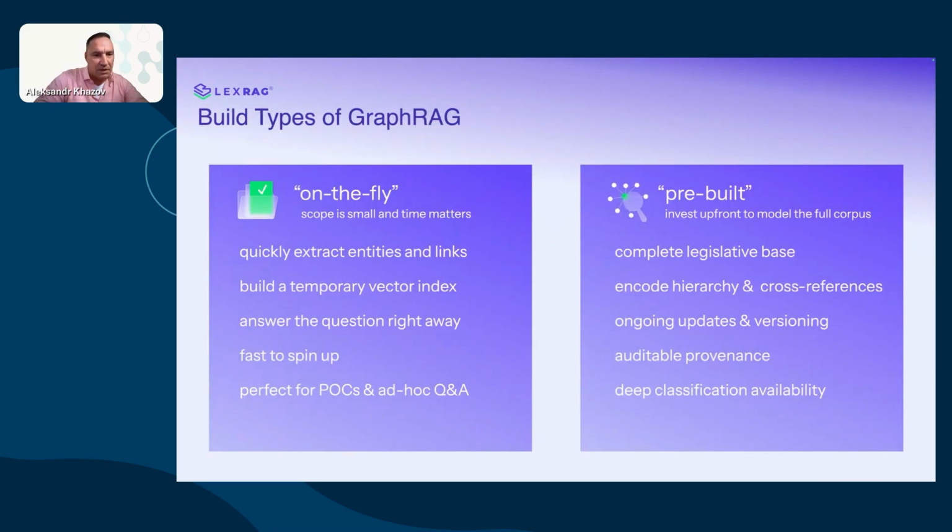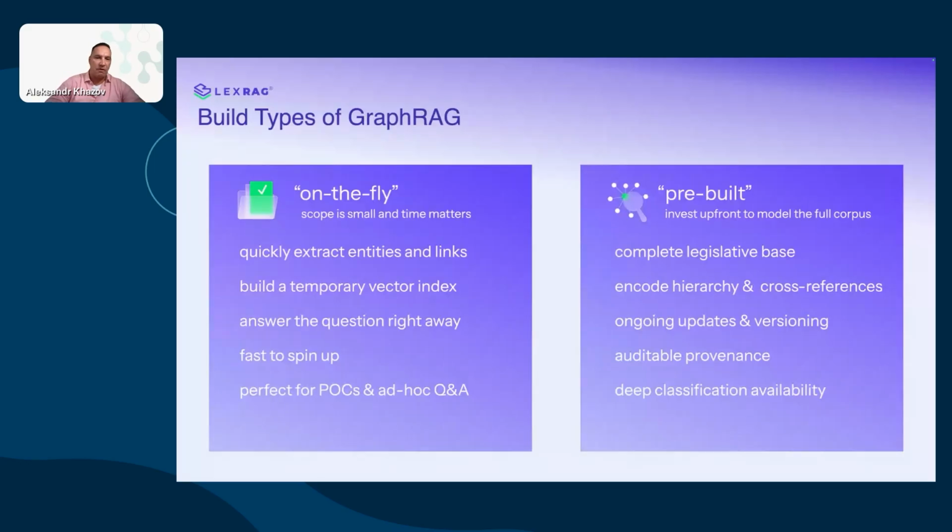So first, let me introduce the two general patterns in constructing GraphRAGs. One of those is the ephemeral graph on the fly, and the other is pre-built. These two patterns differ in their purpose.